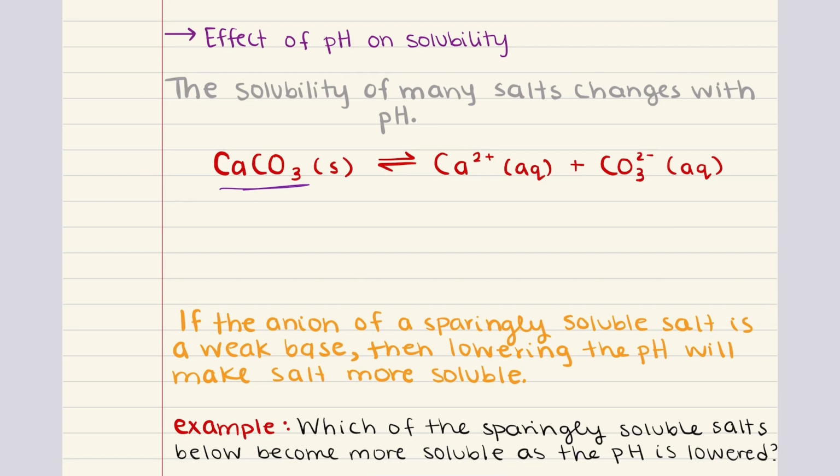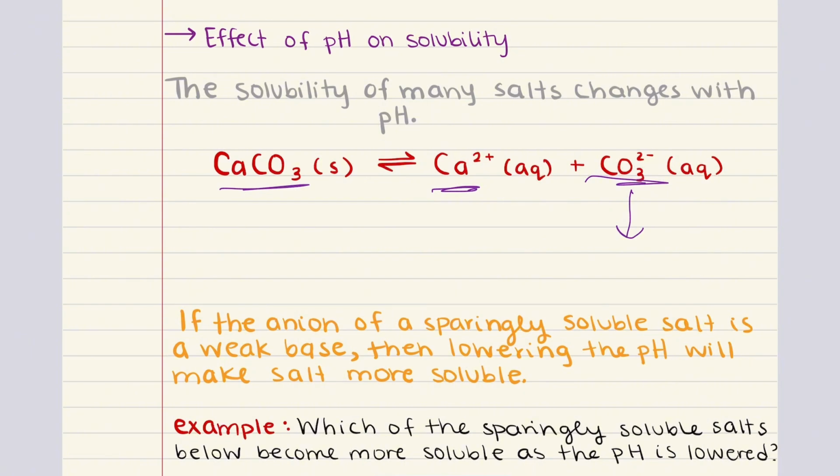When calcium carbonate dissolves in water, it separates into calcium ions and carbonate ions. At equilibrium, the concentrations of calcium and carbonate ions remain stable. However, the carbonate ion is the conjugate base of a weak acid, carbonic acid. This means that the solubility of calcium carbonate will be affected by changes in the pH of the solution.